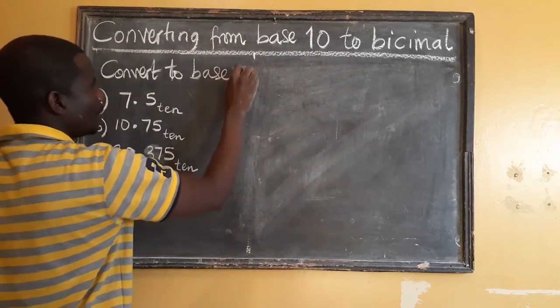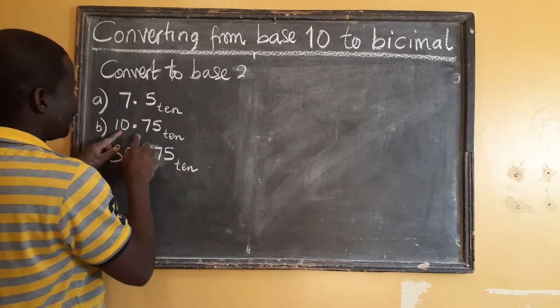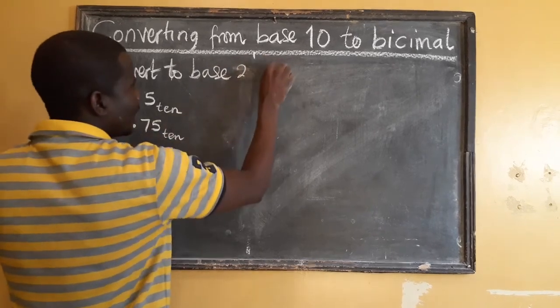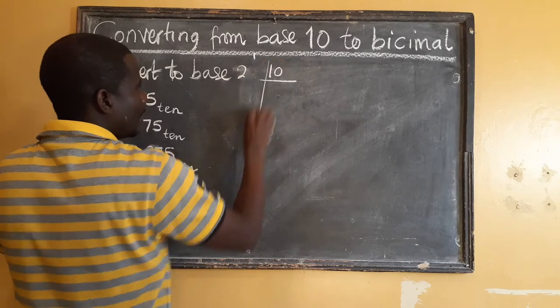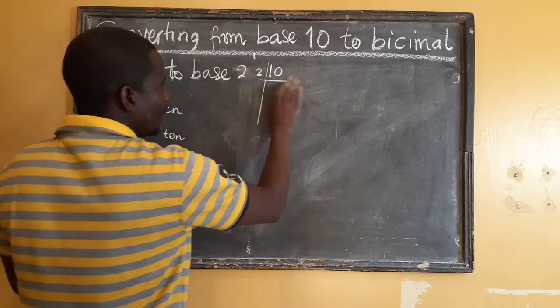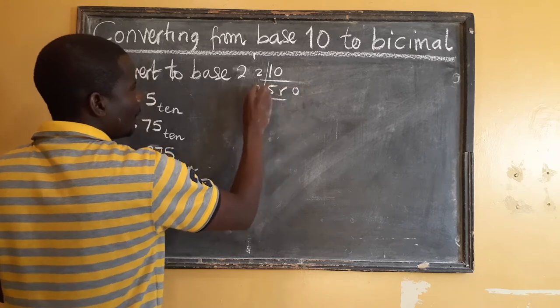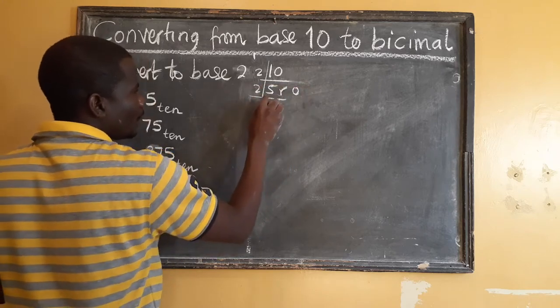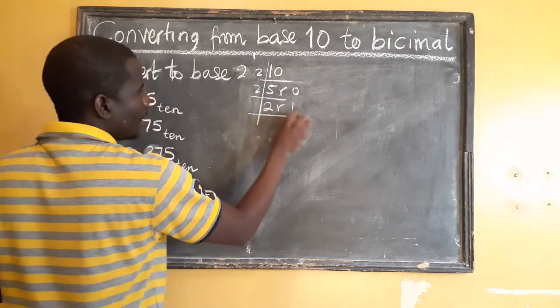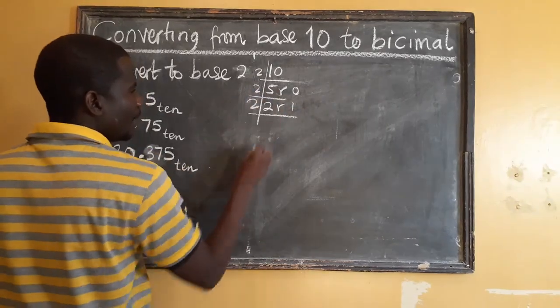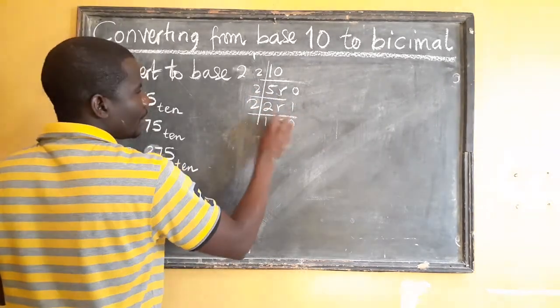On the second one, the whole number part is 10. So 10 divided by 2 is 5, remainder 0. 5 divided by 2 is 2, remainder 1. 2 divided by 2 is 1, remainder 0.